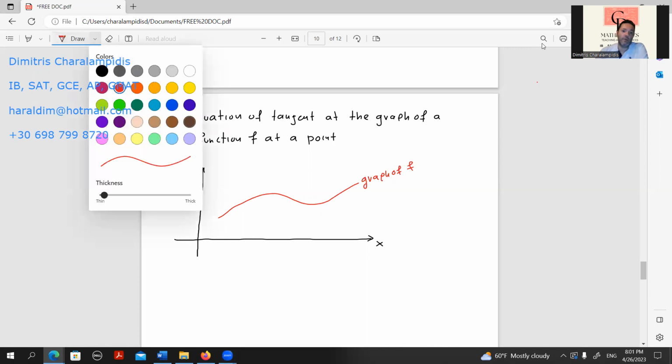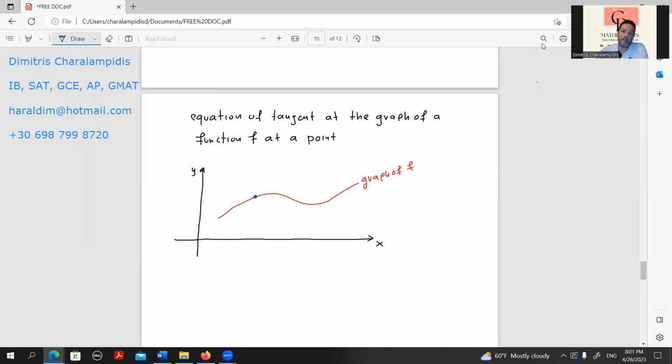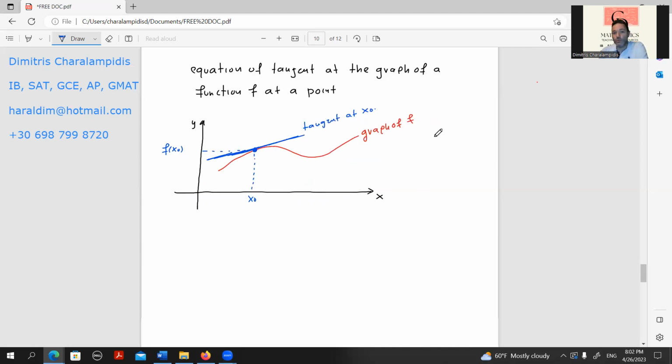At a random point, let's make it here with coordinates x0 and f of x0, I can always draw at any point, so here as well, I can draw a tangent line, which is a line that touches exactly at that point the graph. So this is the tangent line. Tangent at x0.